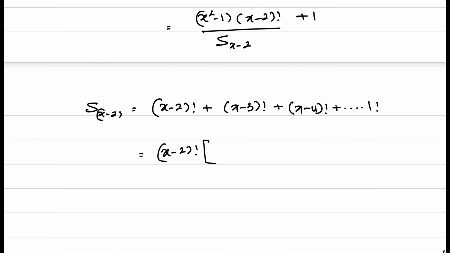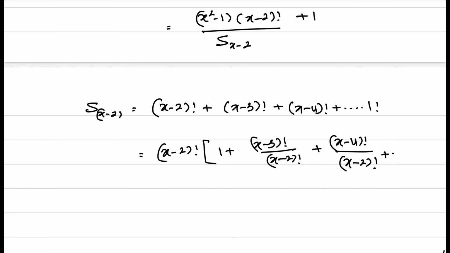Can we multiply with x minus 2 factorial and say that this is 1 plus x minus 3 factorial by x minus 2 factorial plus x minus 4 factorial by x minus 2 factorial plus so on up to 1 by x minus 2 factorial.